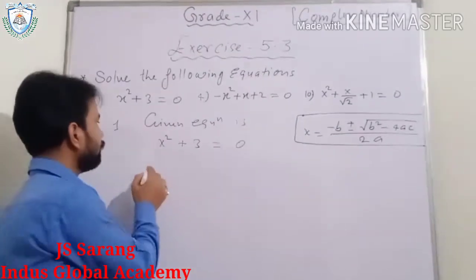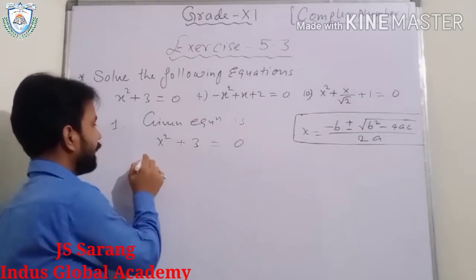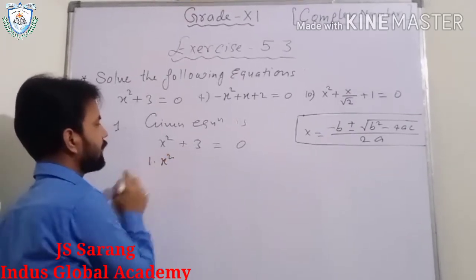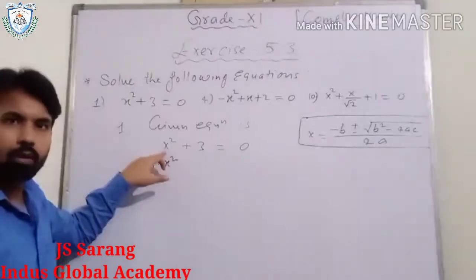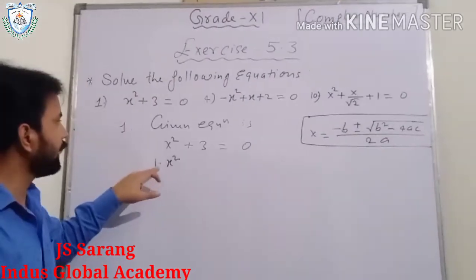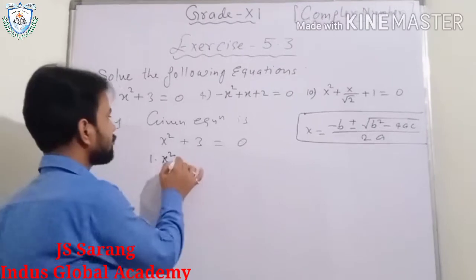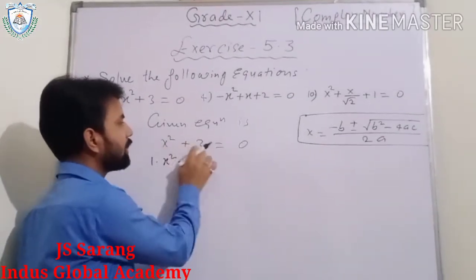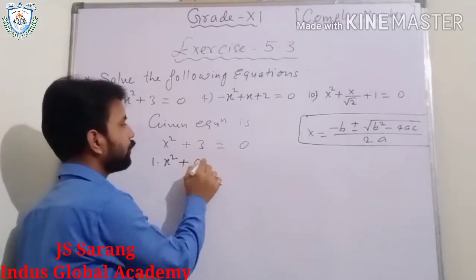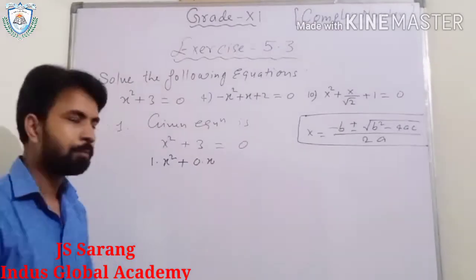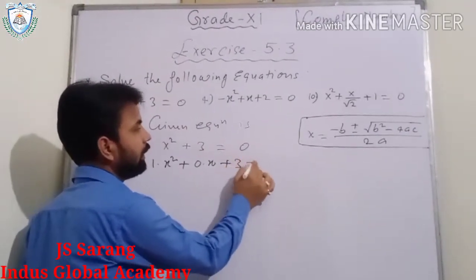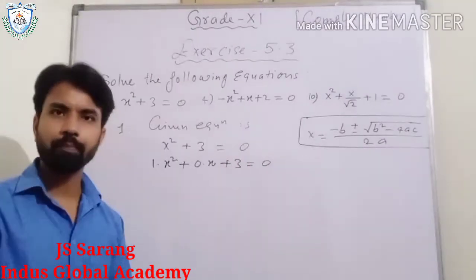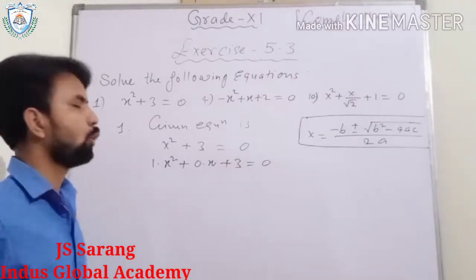So what we can do? Ax square, a is 1, because there is no coefficient of x square. So we can put 1 into x square plus the term of x, which is missing here. So we can put 0 into x, plus c is how much? Constant, that is 3, equal to 0. Hope it is clear? Okay.